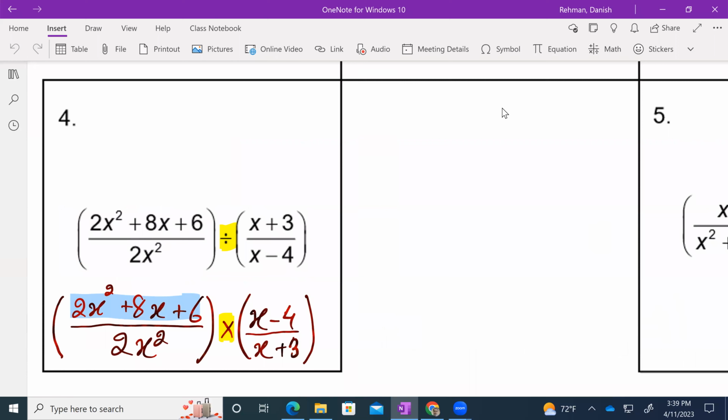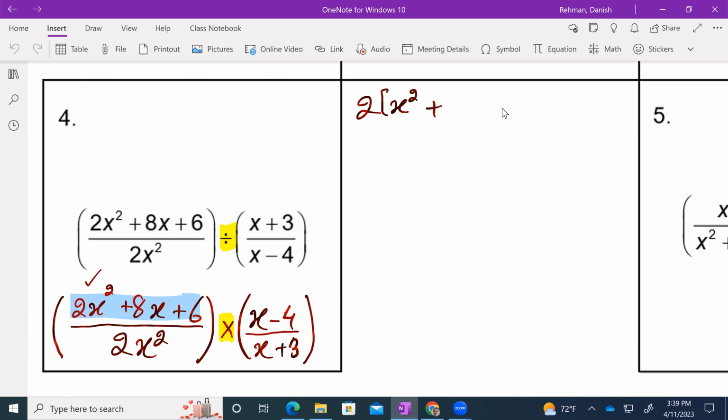Let's do it. So 2 times, when I took 2 as a common factor out, from 2x squared, I got the x squared only, plus 8x. From 8x, when I take 2 as a common factor, what's left inside?